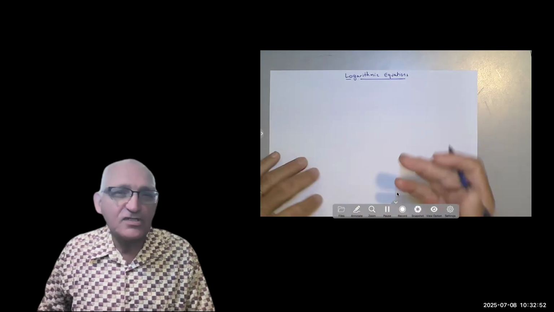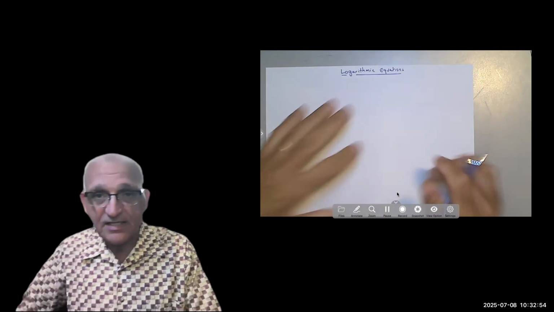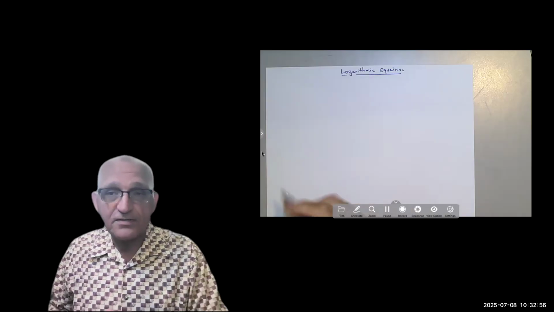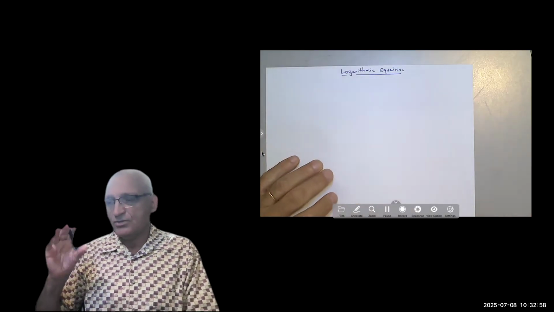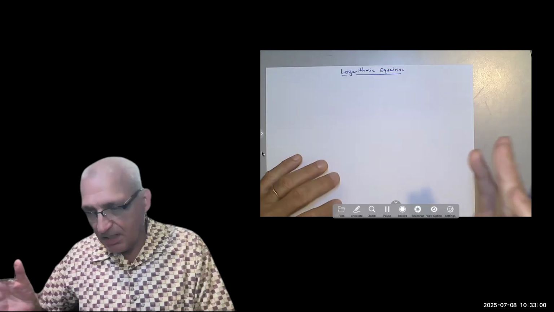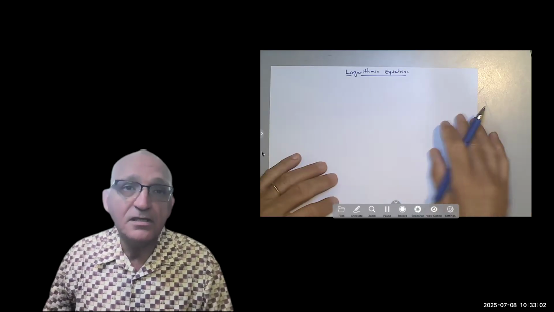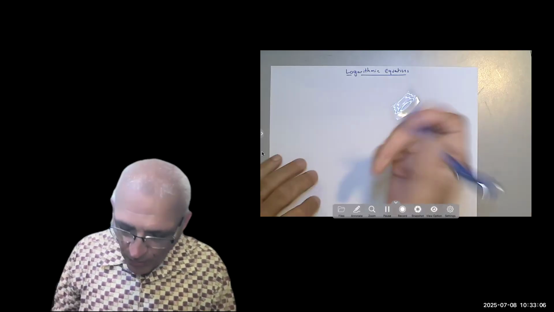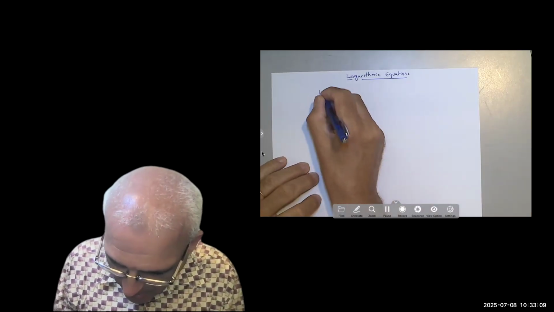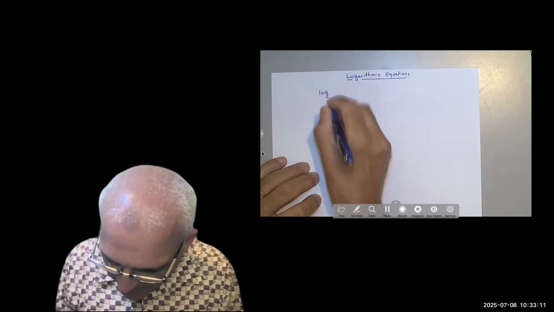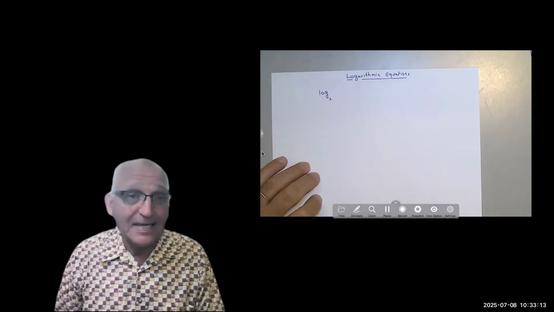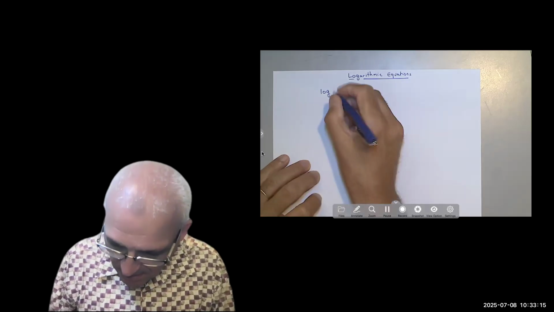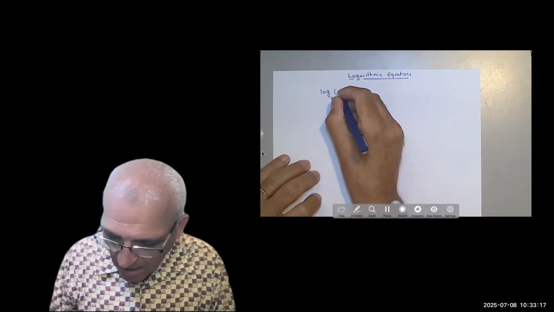So let's first write how we write logarithms, and then we look at some rules of logarithms to compare those to the exponential properties that we talked about. So when I say, for example, log, I would have a number at the bottom we call the base, of 8.